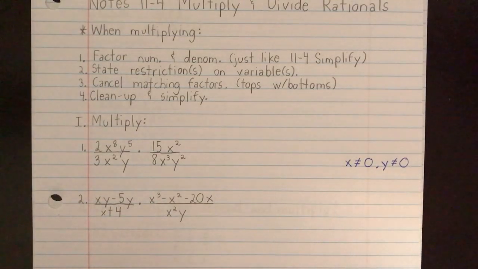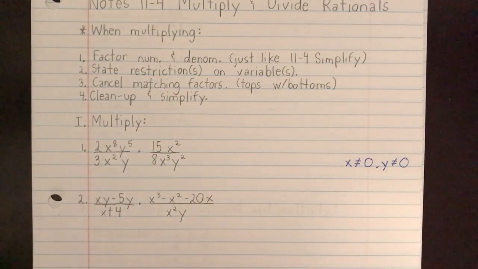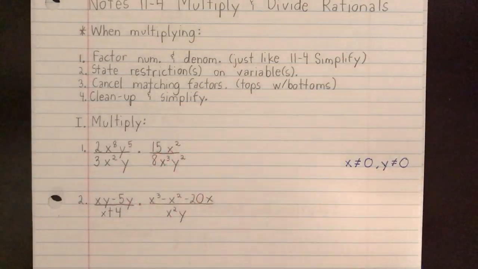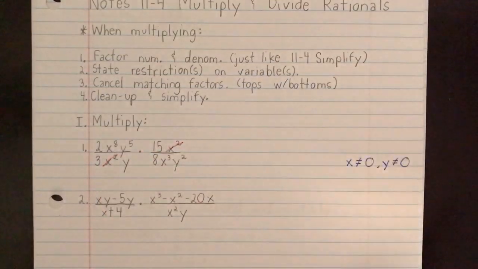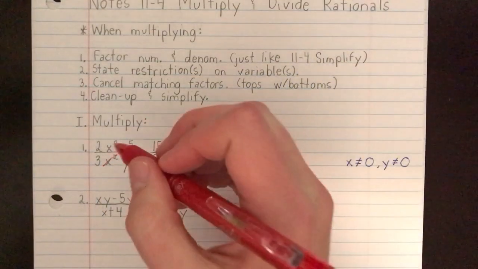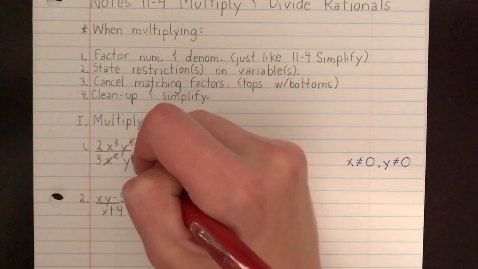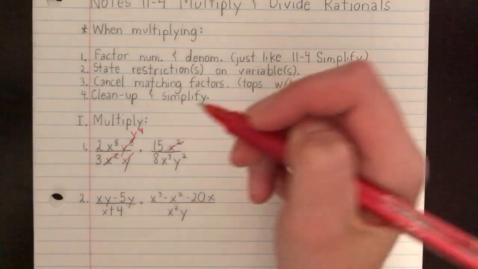Okay, so then, once I've stated my restrictions, I can cancel matching factors. So in this case, I have a lot of things that can cancel because I've got an x squared on top that can cancel with this x squared on bottom. I've got a y to the 5th on top that can simplify with this y on bottom. So y to the 5th over y is going to give me y to the 4th.